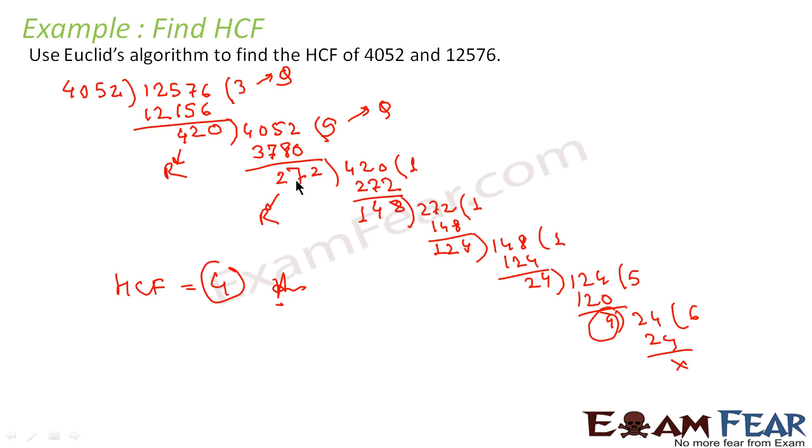Since the remainder was not 0, I divided by 420, then by 272, then by 148, then by 124, and finally by 24. Again I got 4, and then this time I got 0, so we can say that the HCF of these two numbers is 4. Very simple. You just have to keep on dividing in a chain till you get the remainder as 0.